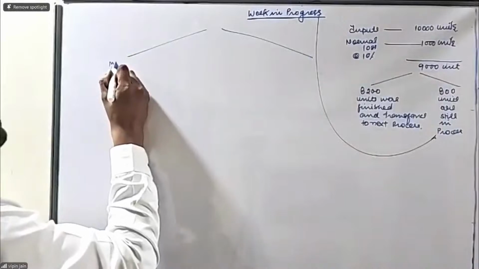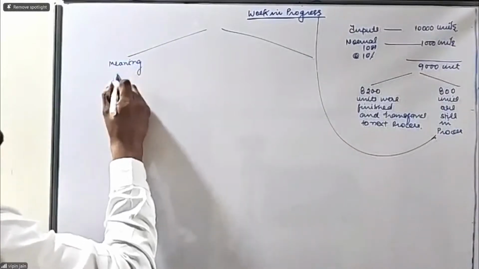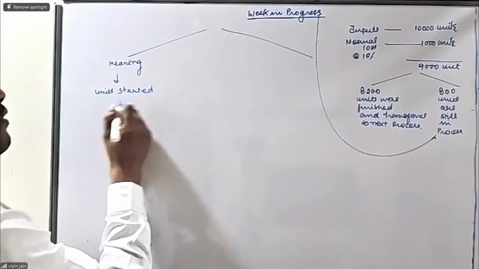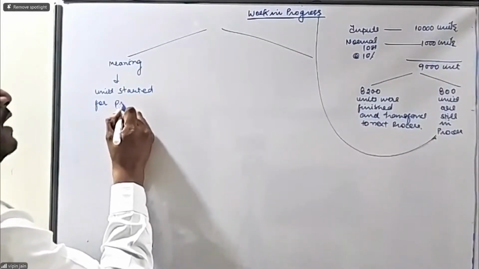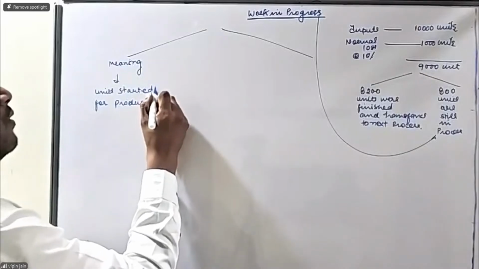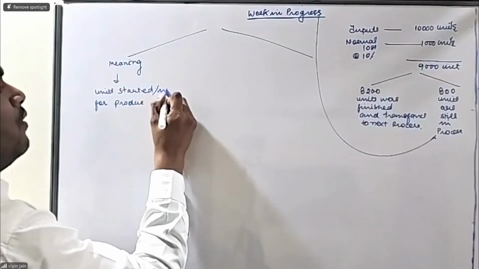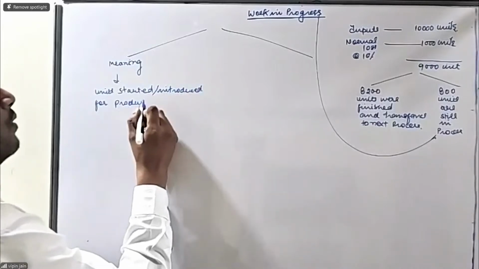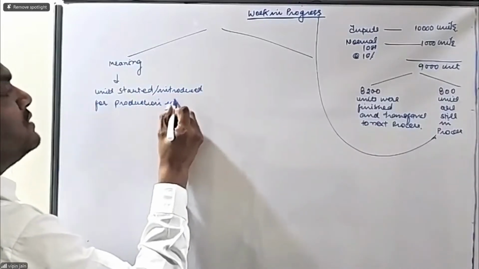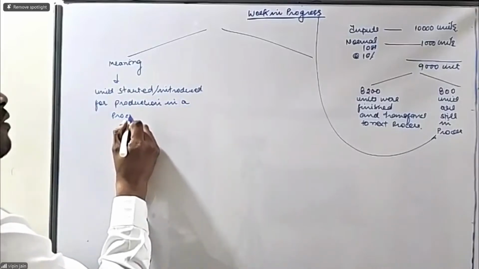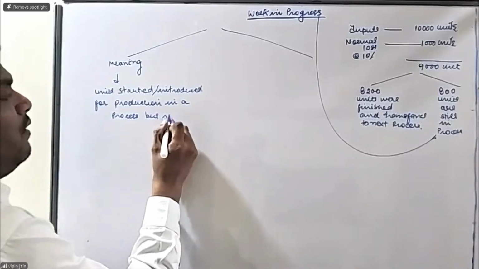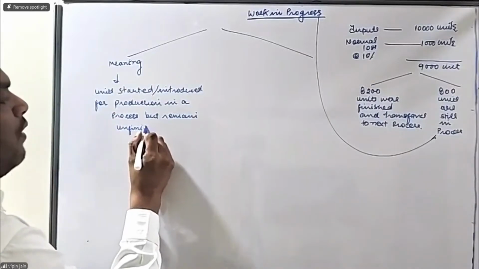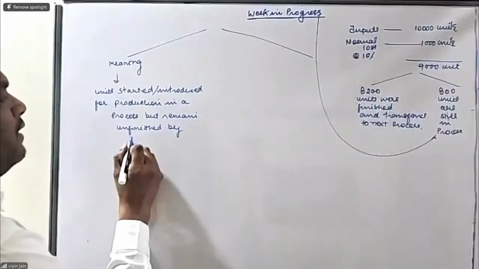So when talking about the meaning of work in progress: units started for production in a process but remaining unfinished by year end.